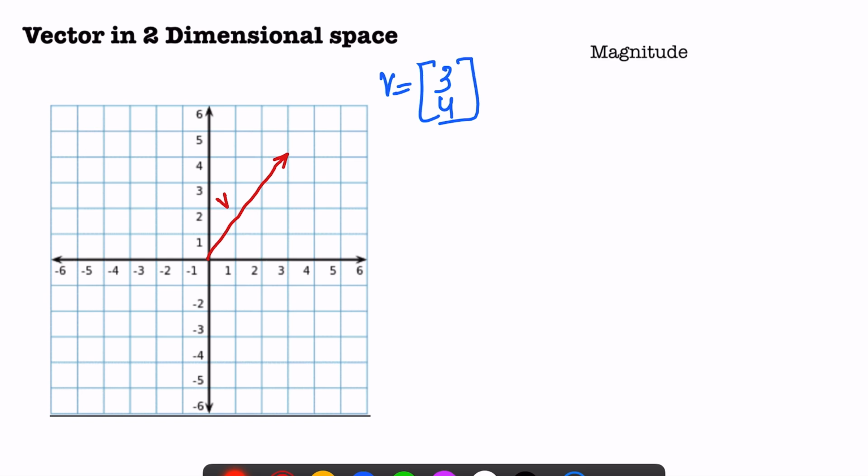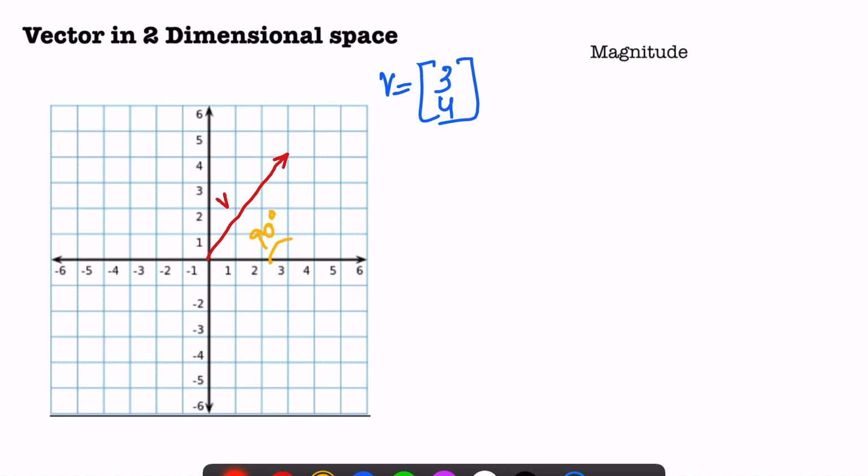Now you want to calculate the magnitude or the length of this vector. How do we do this? Let's see. We are moving 3 steps here, then from here 4 steps, and we are reaching here. If we see, this is a right angle, right?